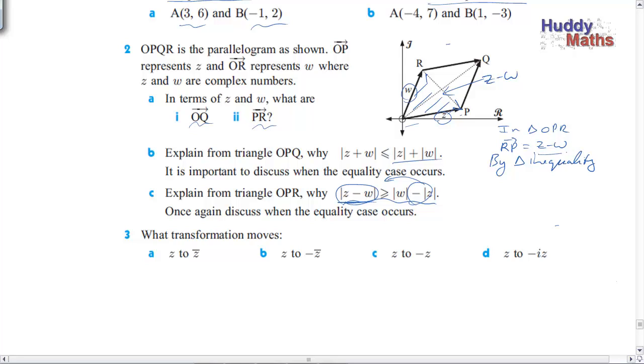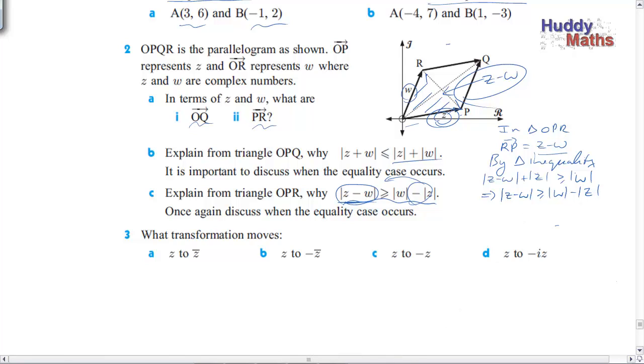Now we've shown the connection, we've shown they're all in a triangle, so the length of Z take W plus the length of Z, I'll add up that one and that one, must be greater than or equal to the length of W. Now we can say, just transposing terms, it's W take Z.